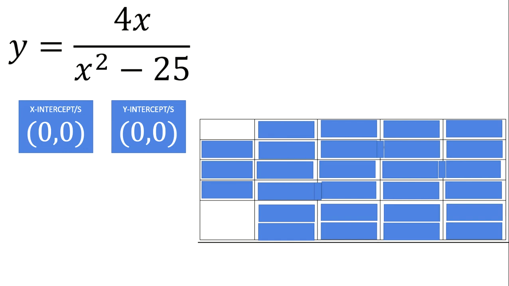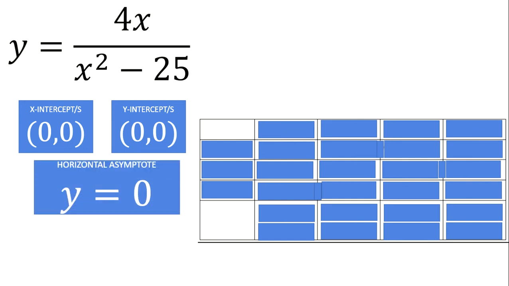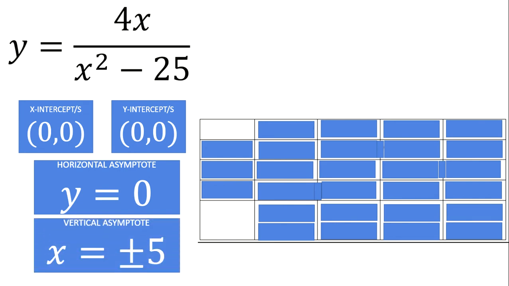And then for the horizontal asymptote, comparing the degrees, the degree of the denominator is higher than the numerator. So in this case, the horizontal asymptote is y equals 0, or the x-axis. And for the vertical asymptotes, again, x equals positive and negative 5.